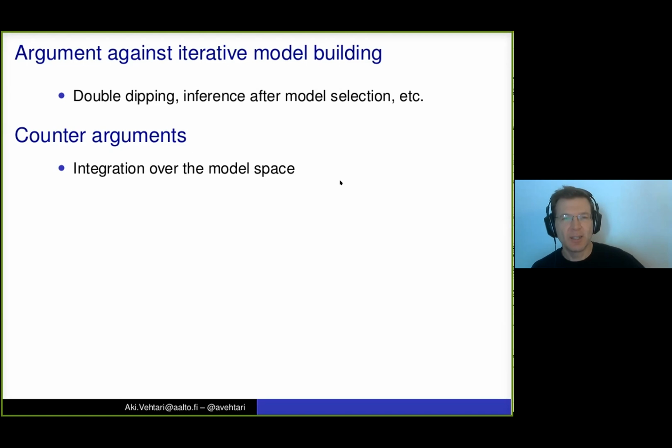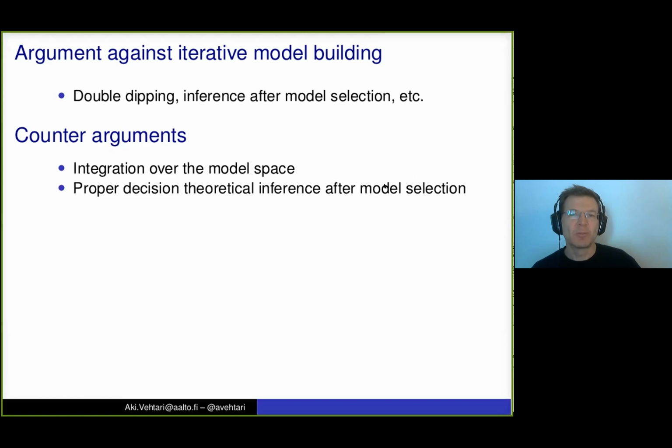But if in that integration some of the models would get weight 0, they can be dropped out. And in the same way, in iterative model building, even if we have many models, it is possible that we can just use the final model if the improvement from one model to next is so big that if we would also integrate over this kind of workflow process, the other models would have negligible weight there anyway.